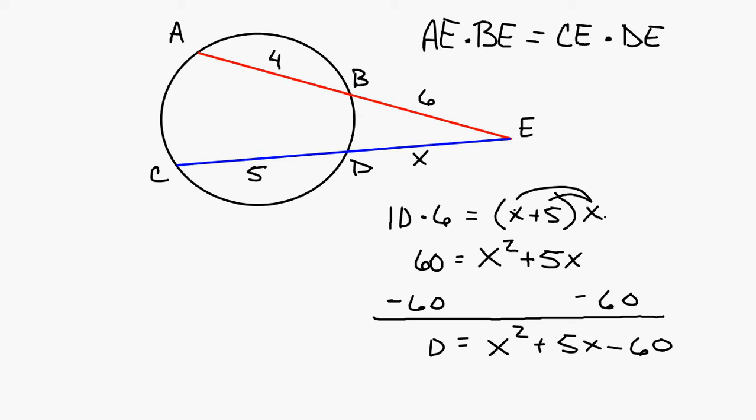Anybody remember how to solve that? First thing you would try to do is factor it. Are there any two numbers that multiply to negative 60 and add up to positive 5? What are the factors of 60? You got 60 and 1, right? You got 30 and 2. You got 20 and 3. 15 and 4. 5 goes, doesn't it? 12 and 5. 6 and 10.